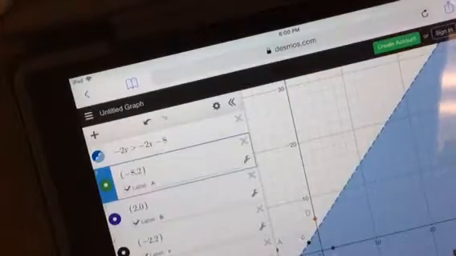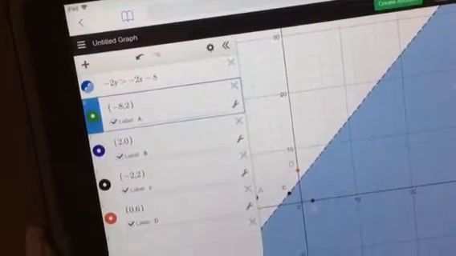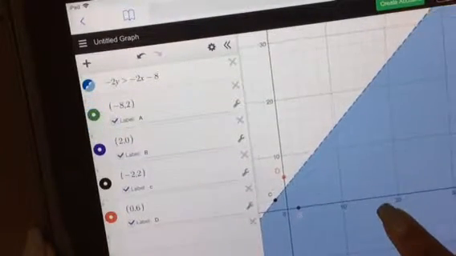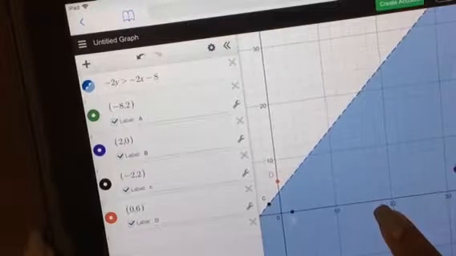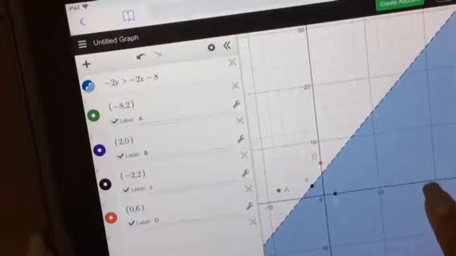All right, so I got my points on my graph, and I want to know which point is in the solution set. Which point is in the solution set? Well, there's 3 points. Where's the other point? Let's see, where'd it go? Oh, there it is.